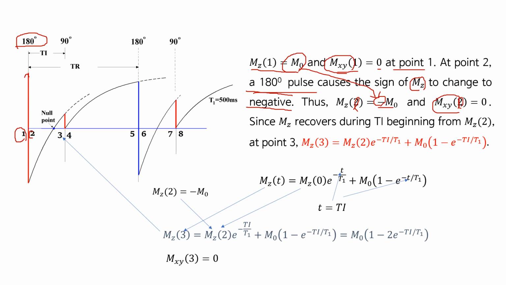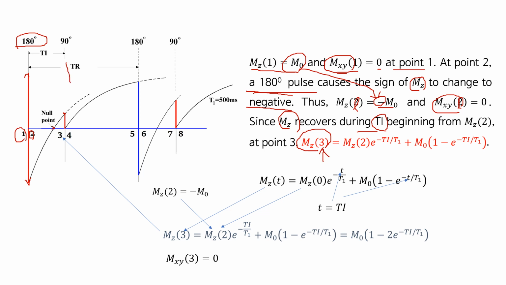Okay. So at this moment, the longitudinal magnetization recovers, right? Recovers, passes the null point and increases. So Mz3 at point 3: Mz recovers during TI, right?